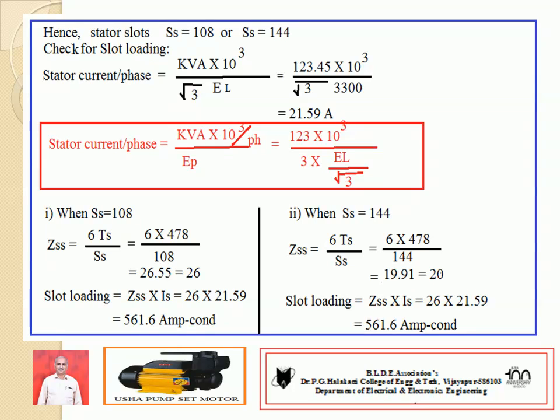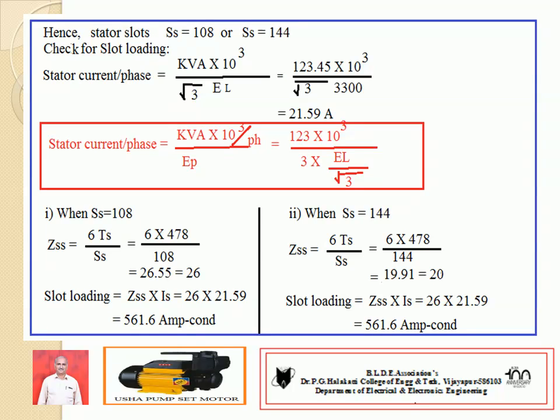Slot loading means in one slot, what is the number of conductors and how much current flows. In one slot, how many conductors are there? ZSS. Then current flowing through each conductor, IS. So it becomes around 561.6 ampere conductors.